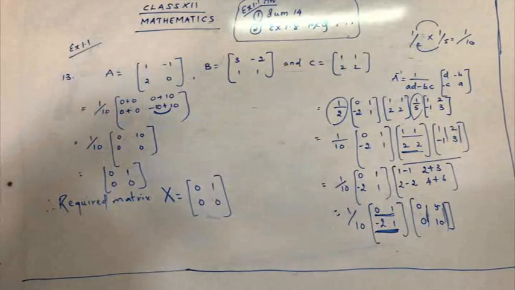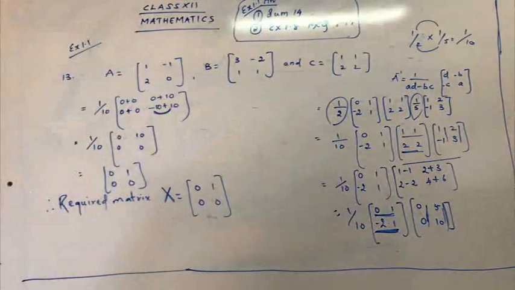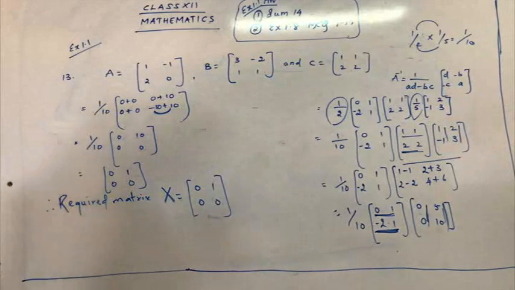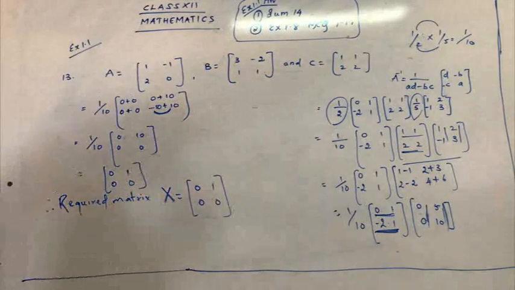Now let's start with the last sum from exercise 1.1. Write down the question. The question is a bigger question, so do not skip it. You have to take down the question.